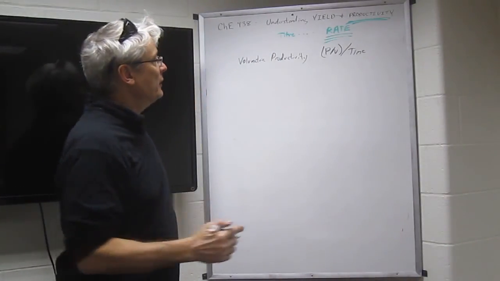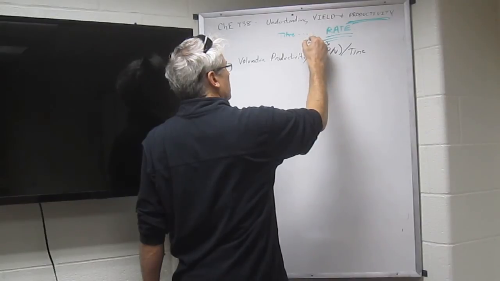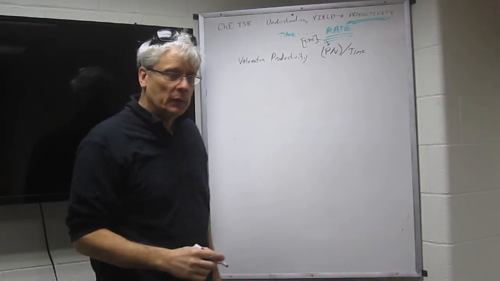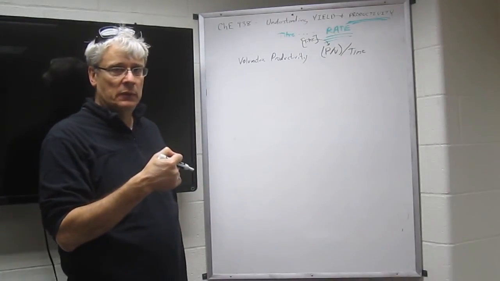And so it's directly related then to a concentration or a titer, or a concentration, however you like to look at it. Okay. It does not take into account how many cells are present in the reactor.